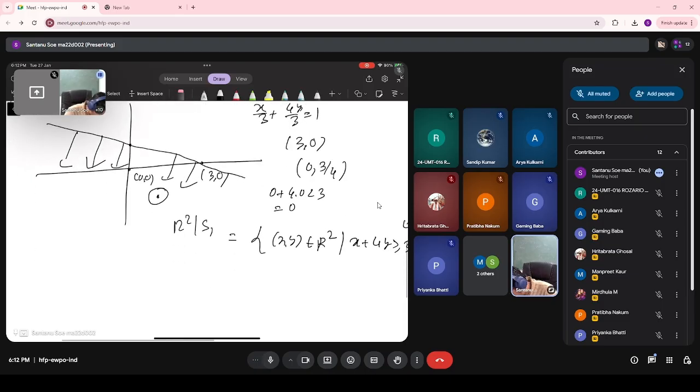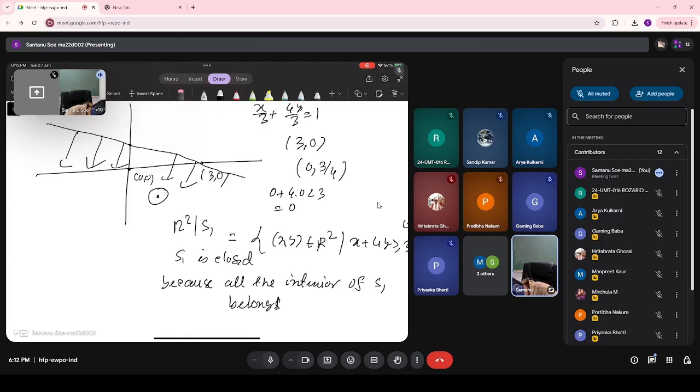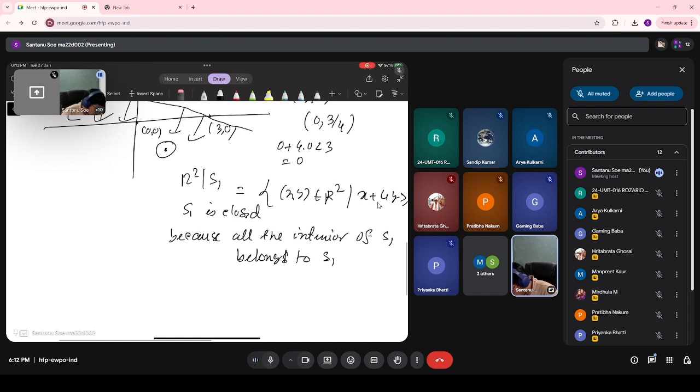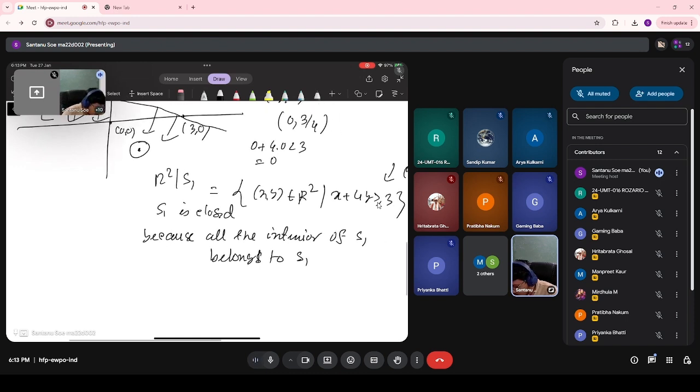So that's why all the interior points of S1 belong to S1, correct? So this set is an open set, not closed, because its complement is closed. So that's why it is open.